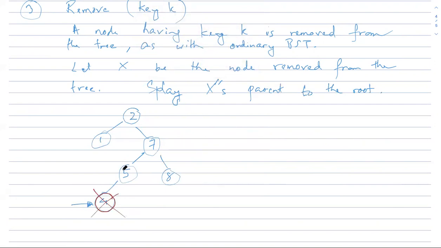So after removal, you splay this node. So you splay this node to the root. Which means clearly for splaying the node 5, it is a left child of a right child. So this will require a zig-zag rotation.